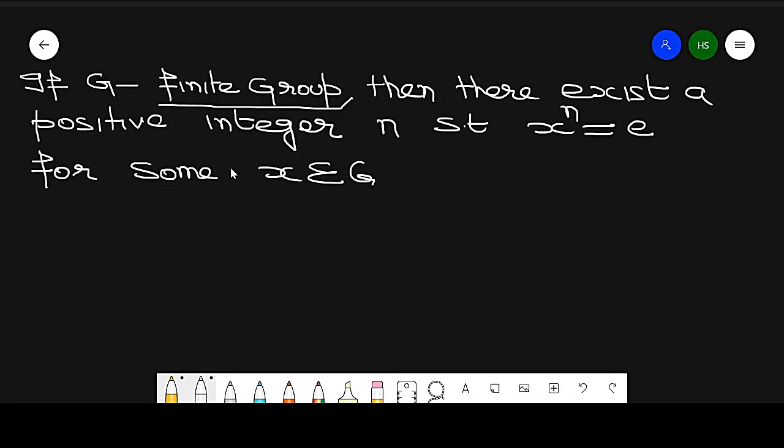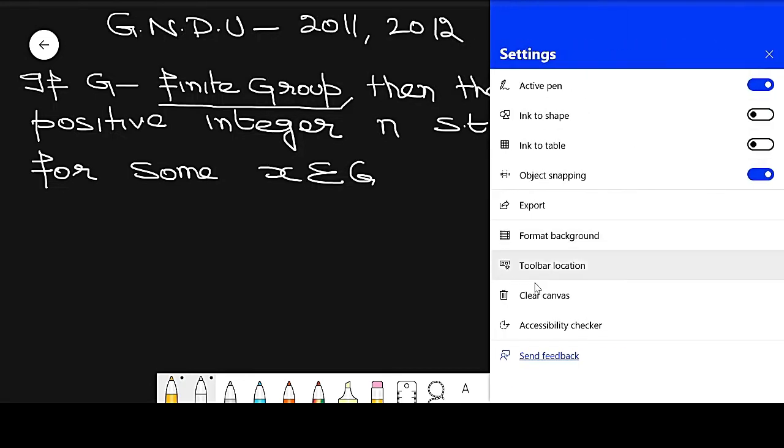This is again a very important question, asked in GNDU 2011 and 2012.